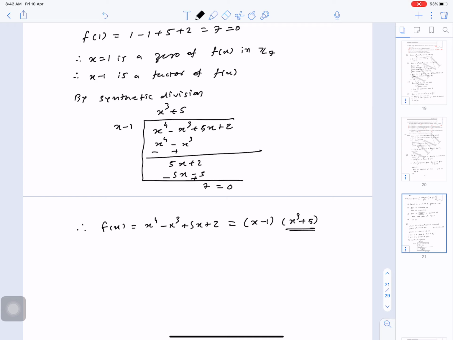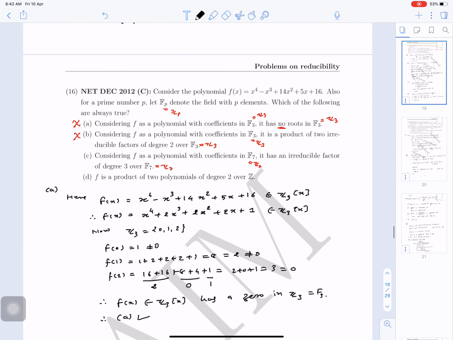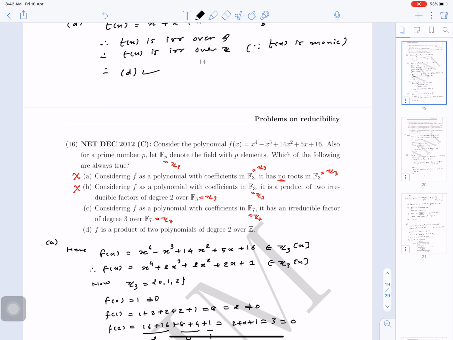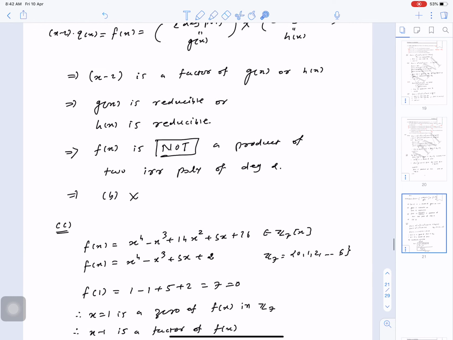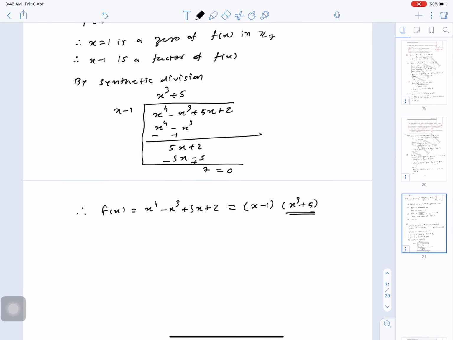So this is a 3-degree polynomial, and in option C we asked whether it has an irreducible factor of degree 3 over Z7. So the 3-degree factor is x raised to 3 plus 5.